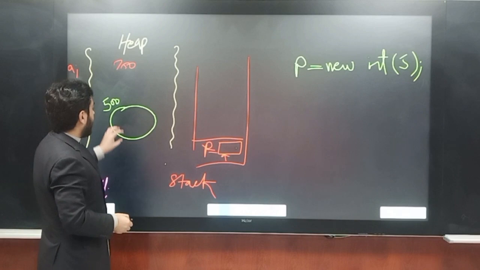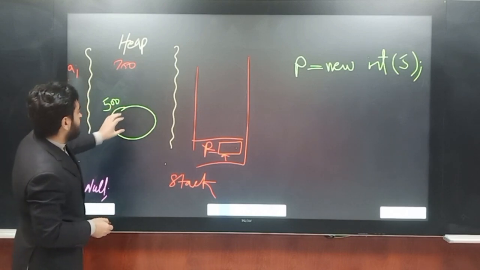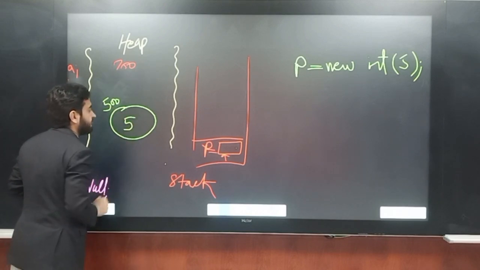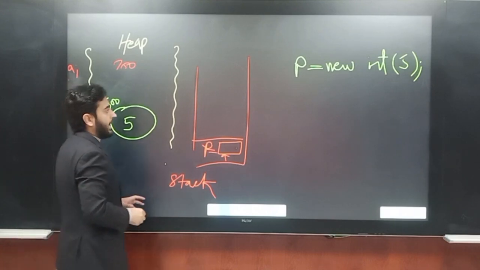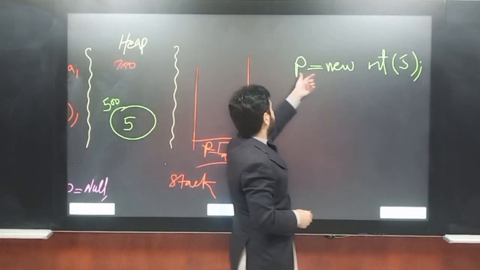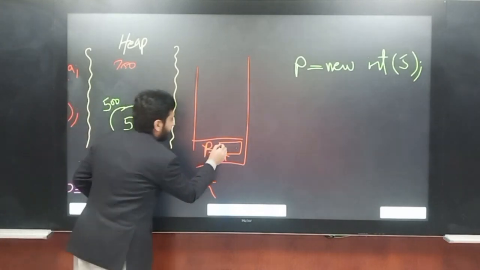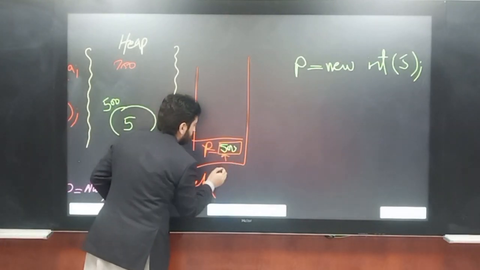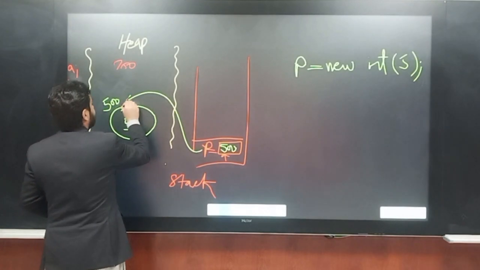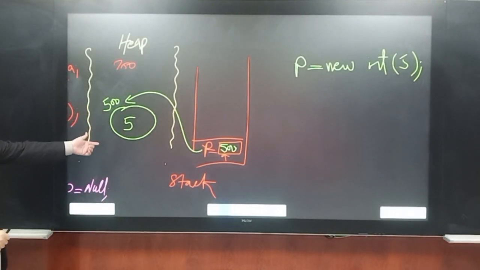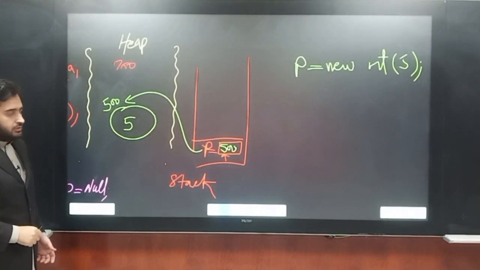We are initializing the value inside that object to 5, and the address of that newly created object is assigned to the pointer. So this P is now pointing to the newly created object inside the heap.